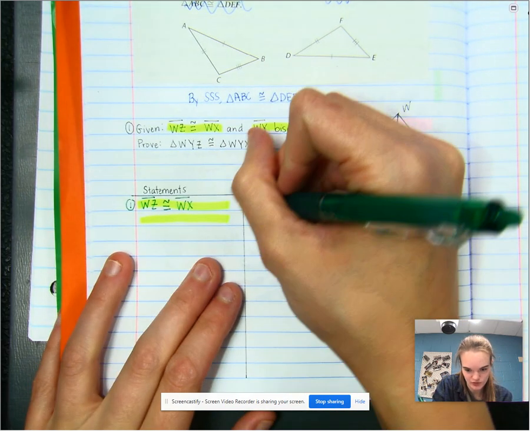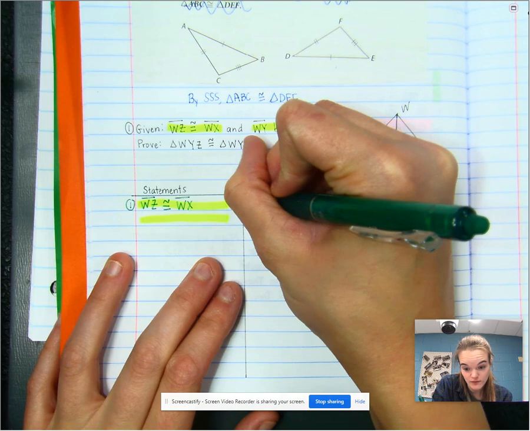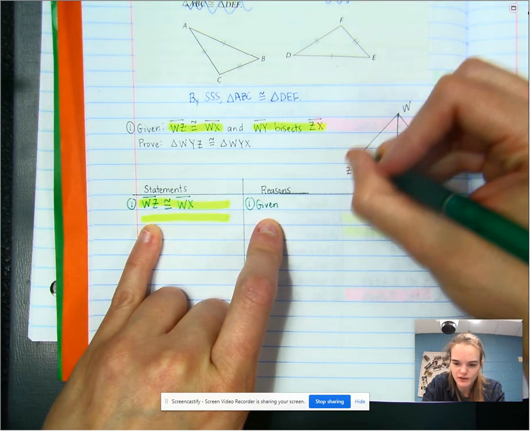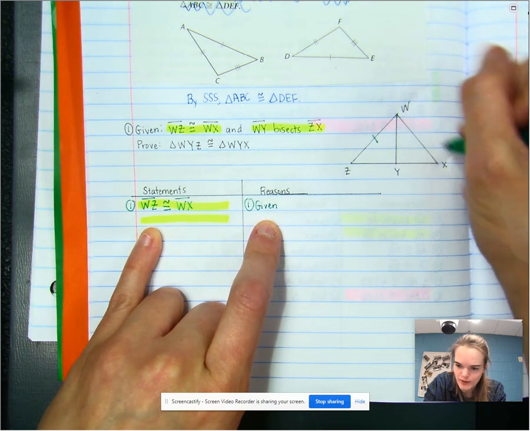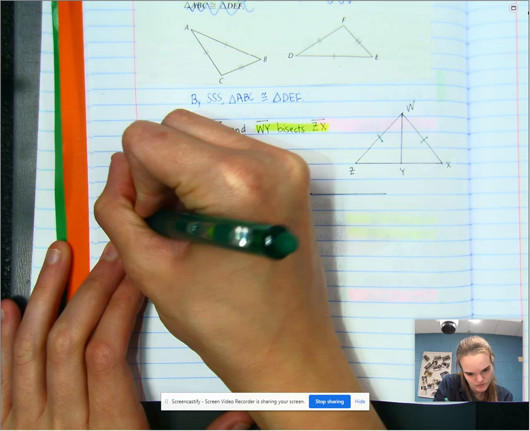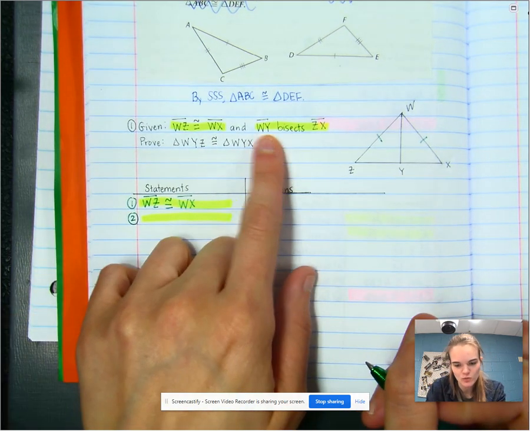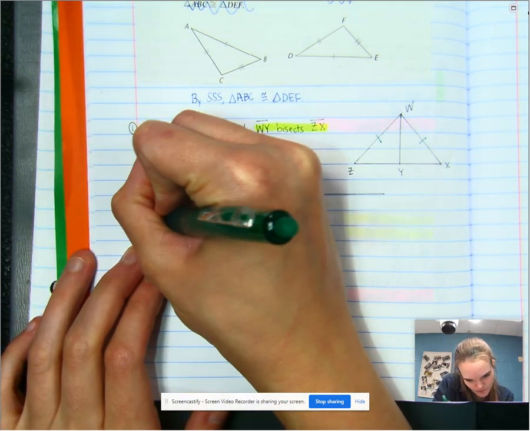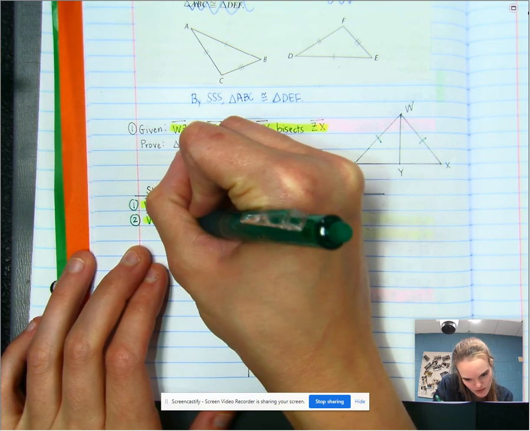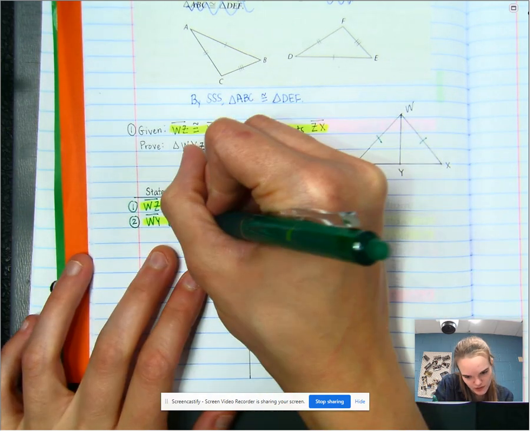Every time I see WX, I just want to finish the alphabet. Anyway, given, and I'm going to label that WZ is congruent to WX. Well, there's one side already. Number 2, WY bisects ZX.